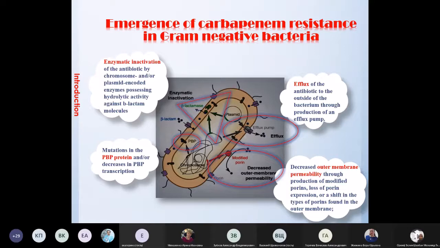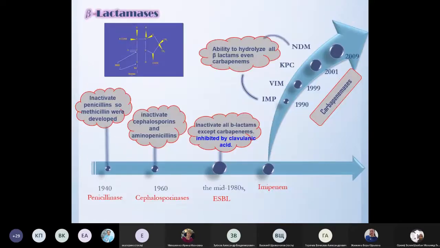Beta-lactamases are certain types of enzymes produced by bacteria that cause breakdown of the beta-lactam ring. There are several types of beta-lactamases, like penicillinases, which inactivate penicillin, so methicillin was developed to combat this type of enzyme.